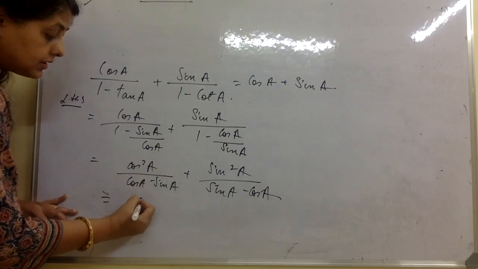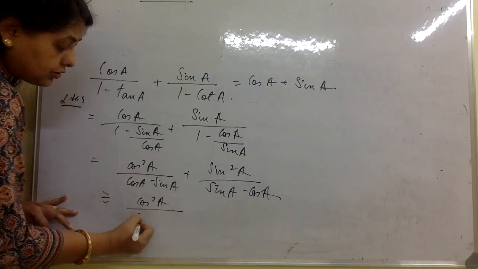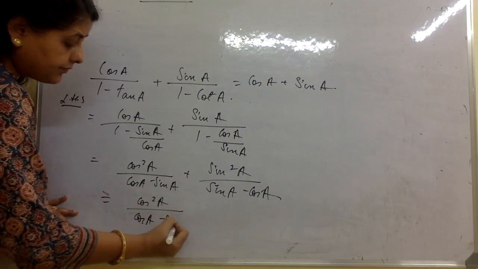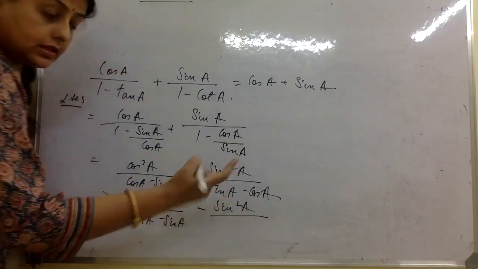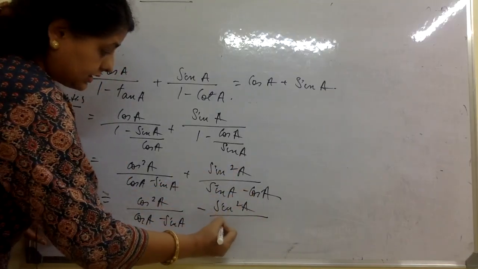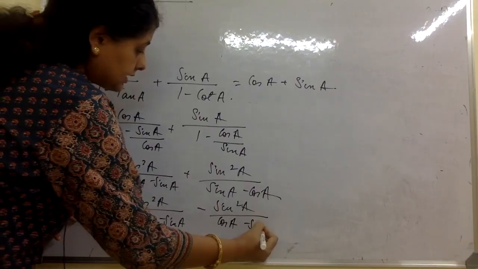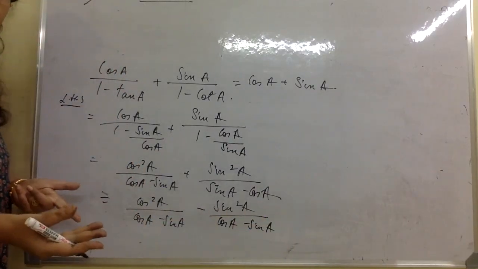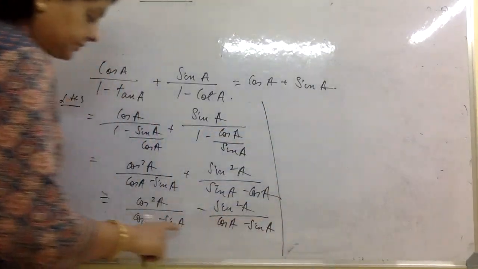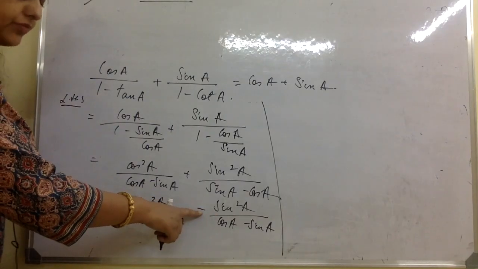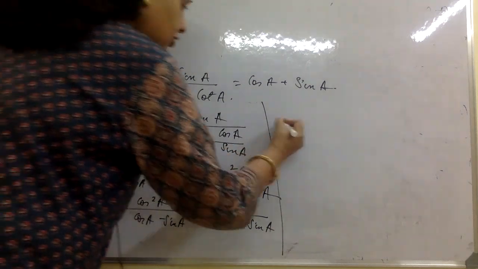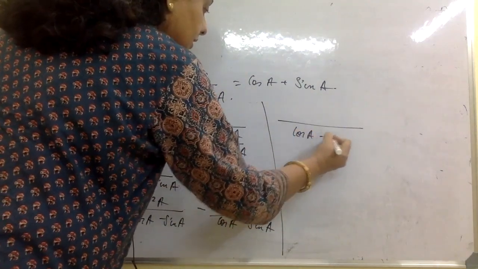So the trick here is cos square A over cos A minus sin A minus sin square A over cos A minus sin A. Why this minus suddenly? I am changing sides, cos A minus sin A. Okay, now I can see the denominator is same, only with the help of this minus sign.